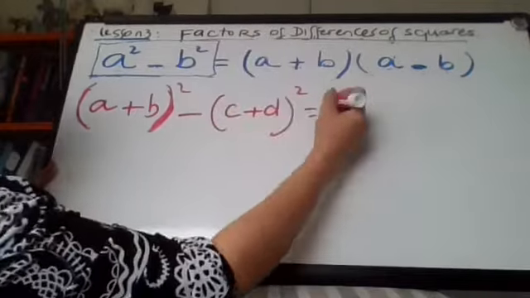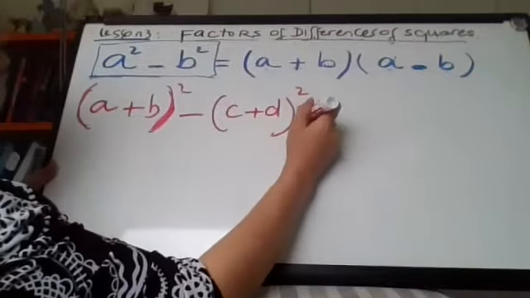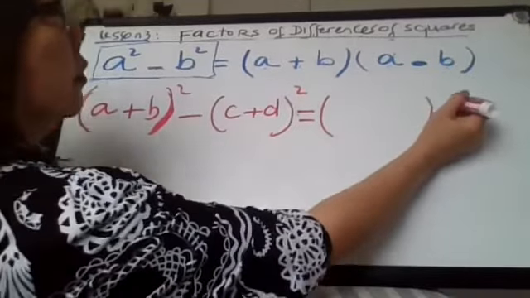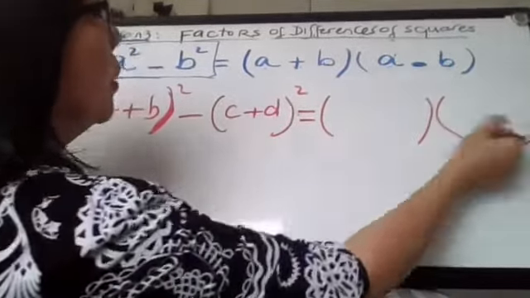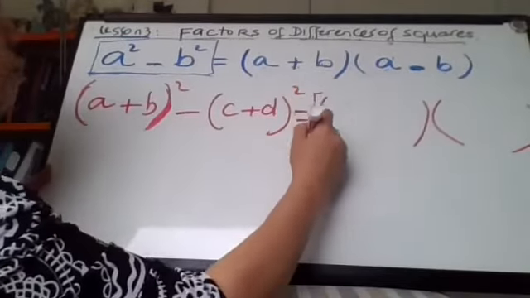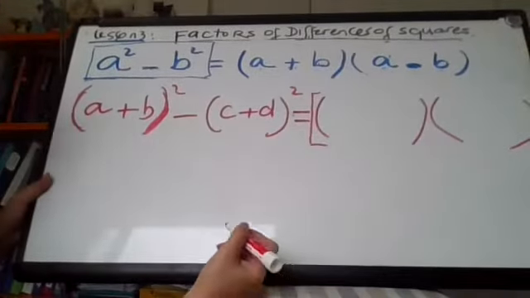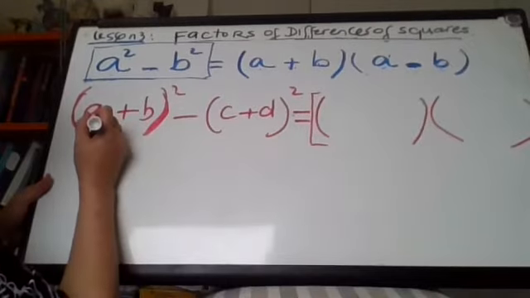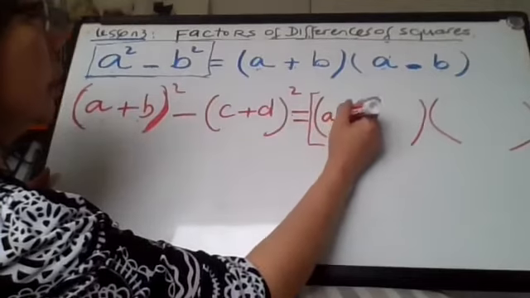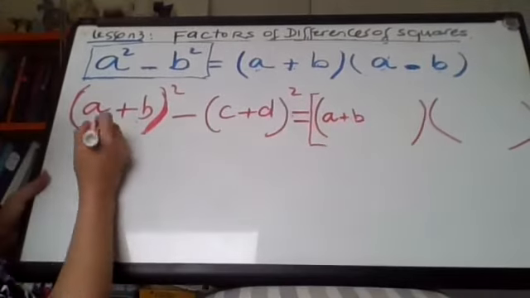So now to factor this, we're going to follow our formula and break it down into two brackets like this. And we're going to put the A in here, the B in here. Okay, maybe we should have a square because it's complicated again. So our A will be A plus B for now.